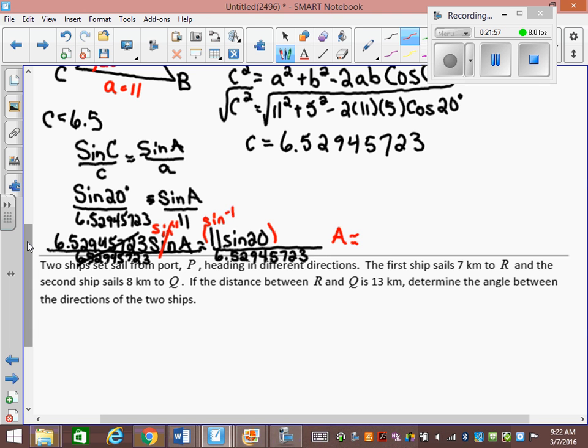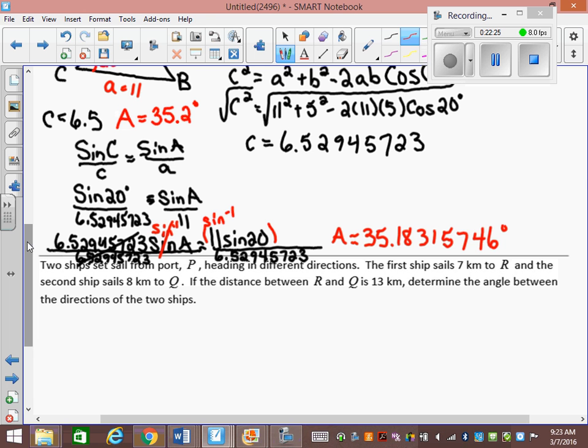So I get 35.18315746. Okay, then I take that angle and I go over here and I say angle A equals 35.2 degrees.